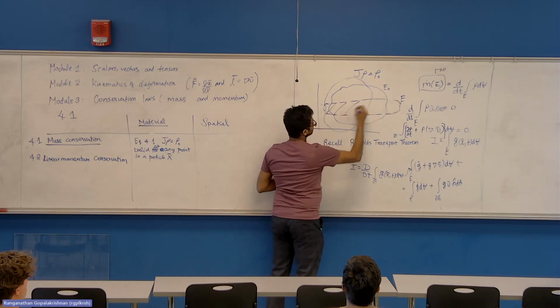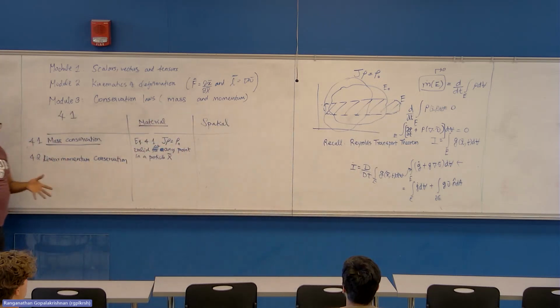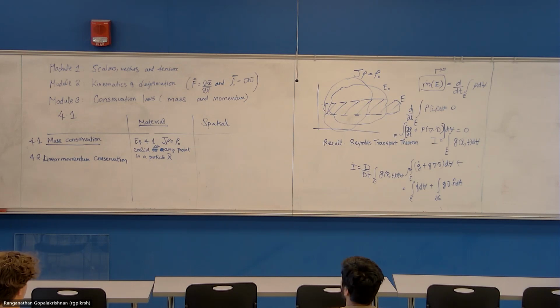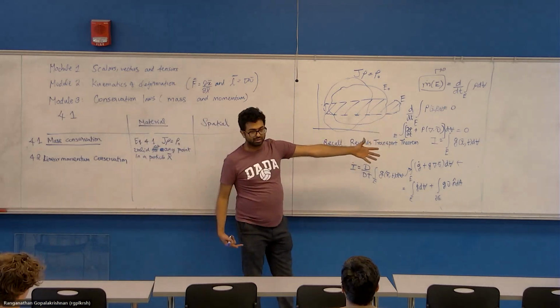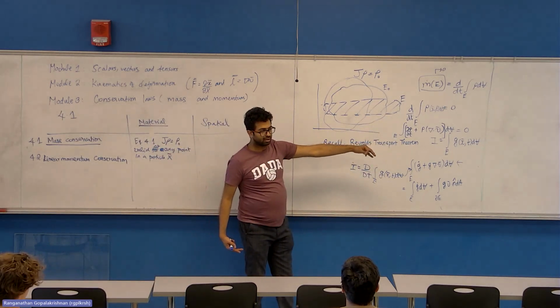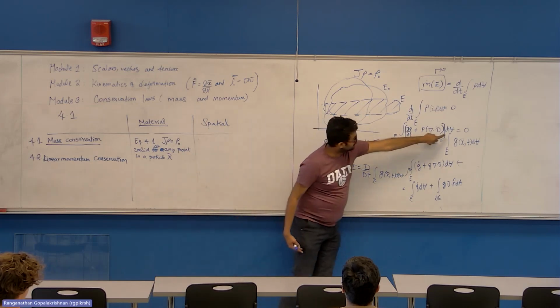When is this possible? When is the integral of something over the volume equal to 0? If this quantity has to be 0, what is the only way that can be 0? So you are thinking this is going to 0.